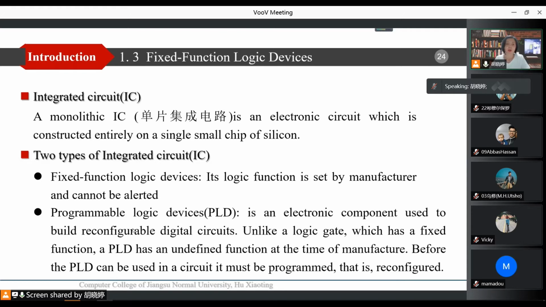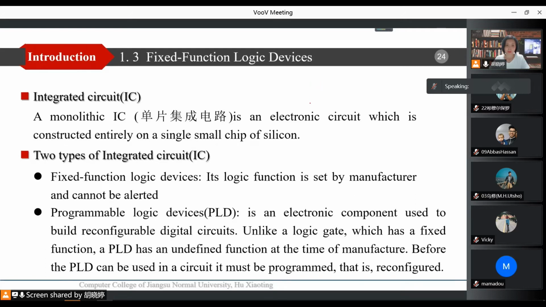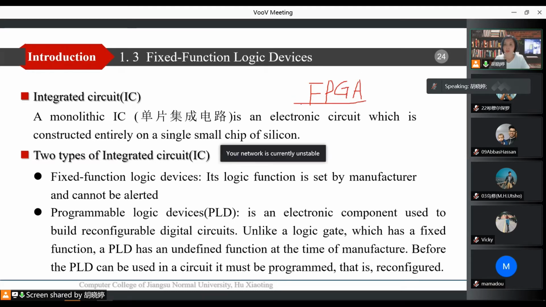Okay, so now we usually hear about FPGA. Have you heard of the concept FPGA? No?